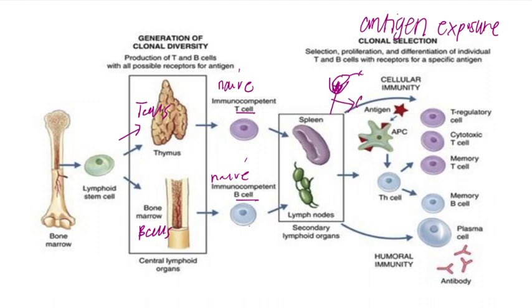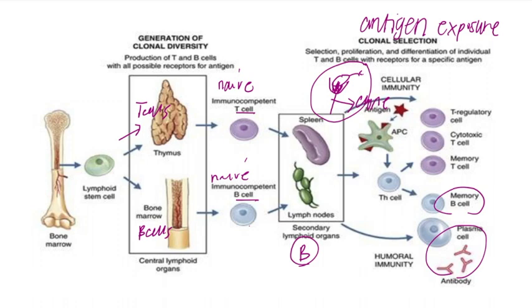Now we are going to clone those B and T cells because we have that activation. So we will get regulatory T cells, cytotoxic T cells, memory T cells. We get T helper cells. The B cells, this is humoral immunity. We're going to get B cell memory. We're also going to get antibody factories called plasma cells.